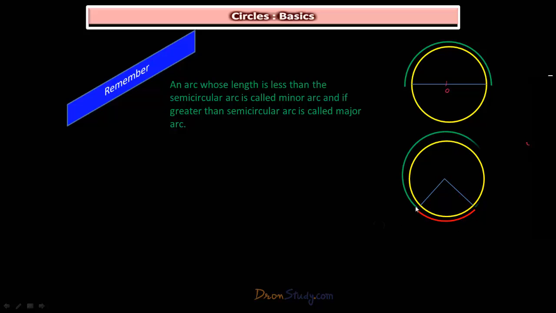And the remaining arc is of course greater than the semicircular arc, and since it is greater than semicircular arc, it is called the major arc, and this is called the minor arc.